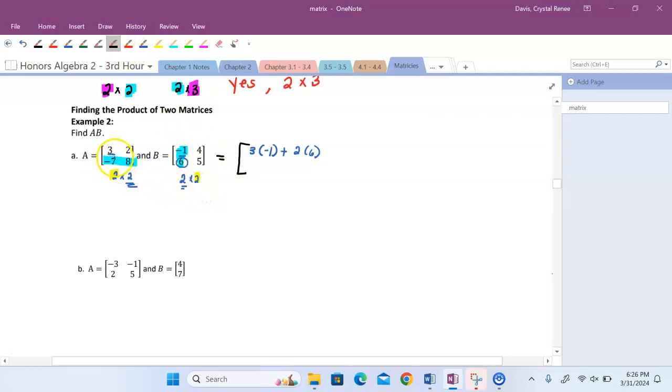So this is -7 times -1 plus 8 times 6. Now I'm going to go back to the first row, but this time multiply by the second column of the second matrix. So this would be 3 times 4 plus 2 times 5.